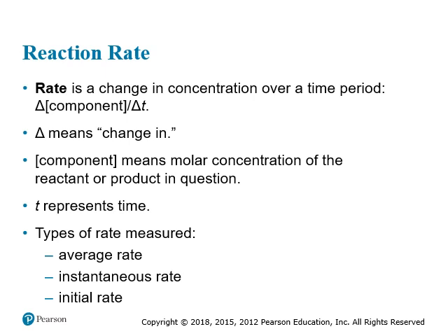Now, there are various types of rates that we can measure: the average rate of reaction over a long period of time, the instantaneous rate of reaction, where we determine the rate of a reaction at a particular moment, and the initial rate of reaction, the rate at which a reaction begins.